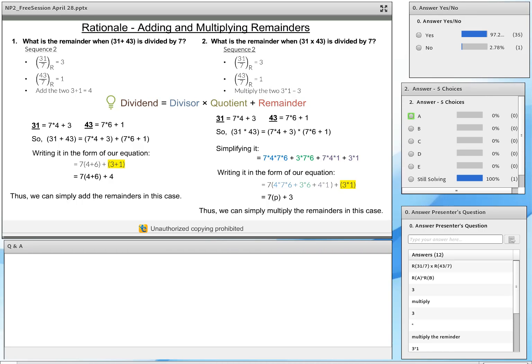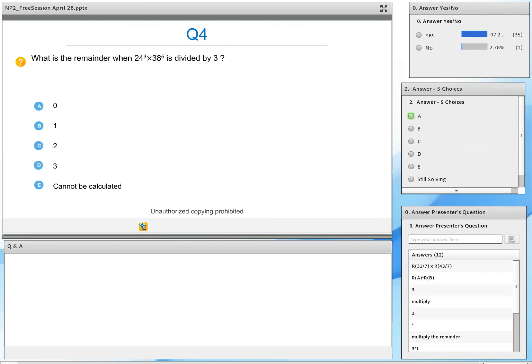All right. Can you all please click on still solving? All right. Here you go.